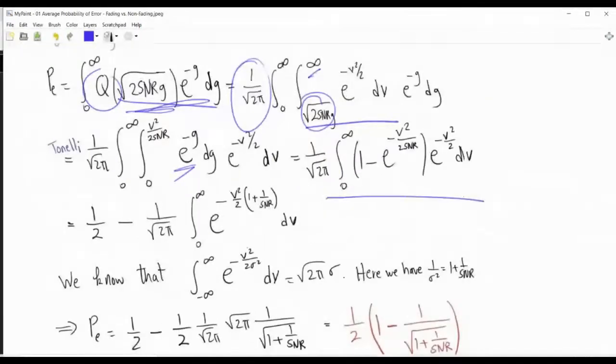And then we got to this integration here, and now when you consider the 1 multiplied by this exponential, and because you are integrating from 0 to infinity, you get 1/2. You are integrating a Gaussian PDF around 0 from 0 to infinity, and it is zero mean, so you get 1/2.